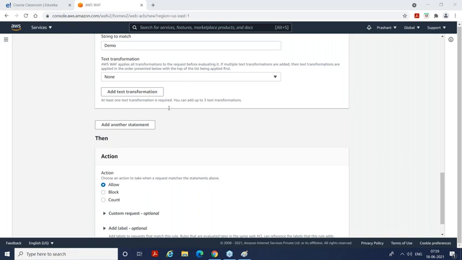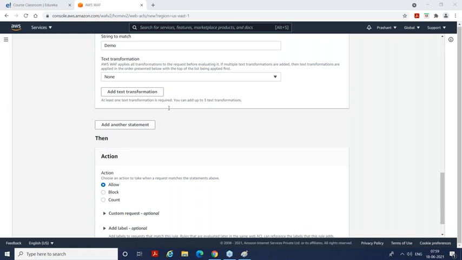WAF rule is only for your web application servers? Absolutely yes. WAF is absolutely for your web applications, web servers. For your infrastructure, you need to configure firewalls. For all your AWS resources, if you want to protect them, you need to configure something called a firewall.